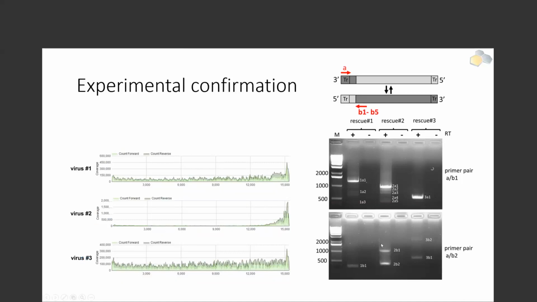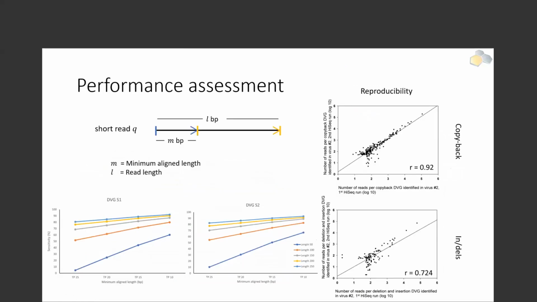It was a matter of whether the tool could actually return the same results and even more, and it did. I don't think there's really a point in just going through the results here and proving that we did detect these DVGs, but the tool has detected those and even more. And I'll come back to that in a later slide to talk a little bit more about the nature of these DVGs and the evolution of them.